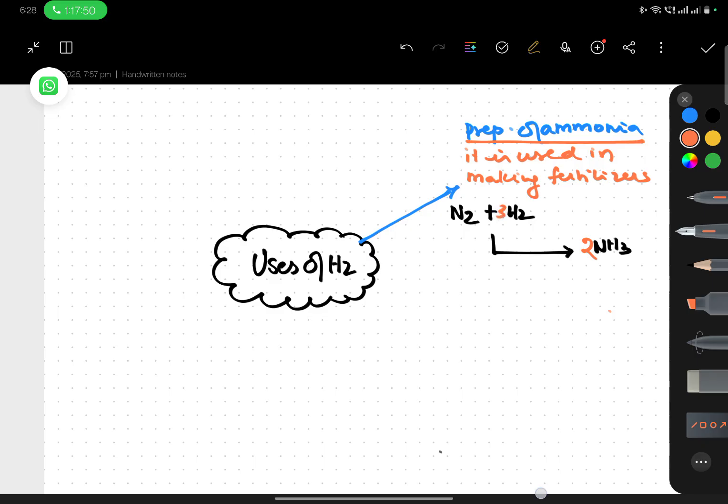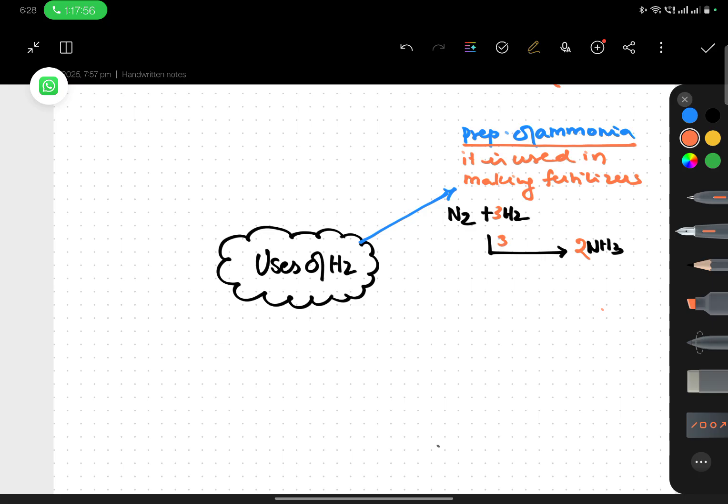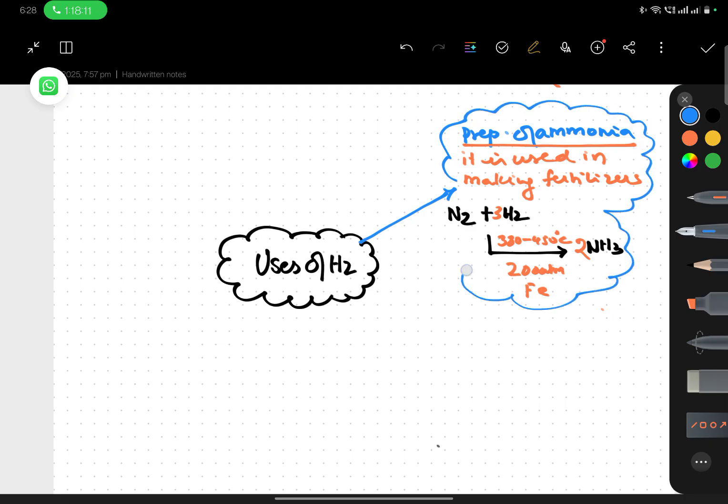So there is a condition for this to happen: 380 to 450 degrees centigrade, 200 atmospheric pressure in presence of iron. So this is one application.